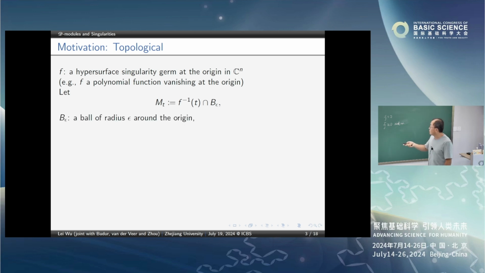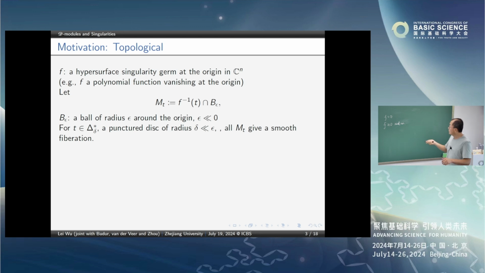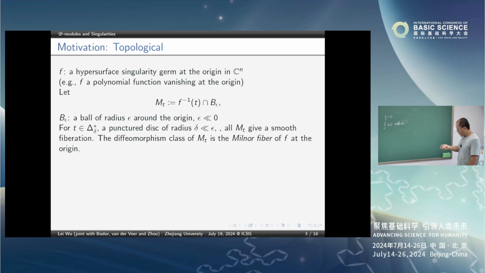Here B_epsilon is a ball of radius epsilon around the origin, and we pick epsilon as small as possible, and then we take t in this punctured disk with radius delta. Milnor proved that f gives us a smooth fibration over this punctured disk. Then a diffeomorphism comes up, and the fiber M_t is called the Milnor fiber of f at the origin.